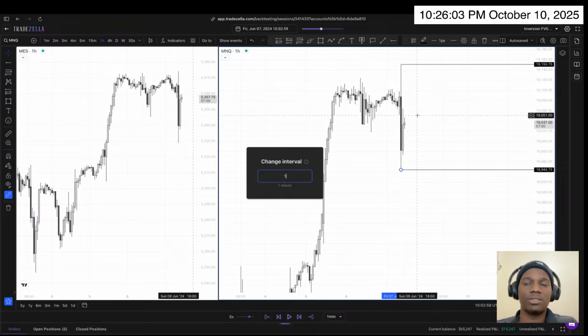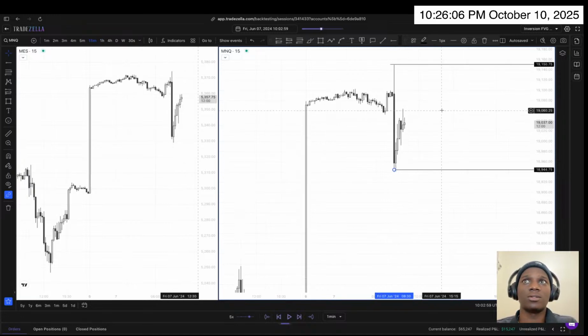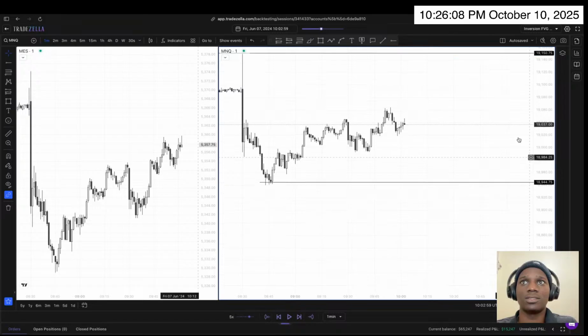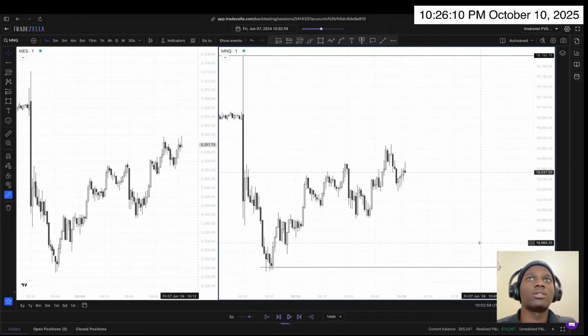Well, the 1 hour favorite lock was removed, but got 15, you can see it's looking pretty solid.